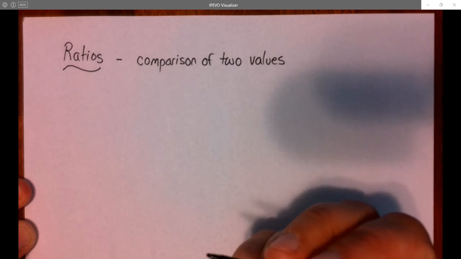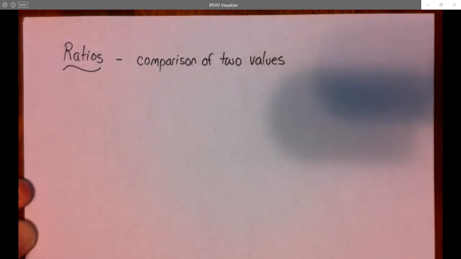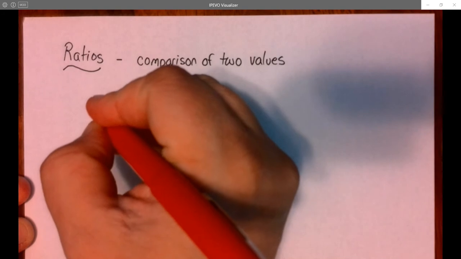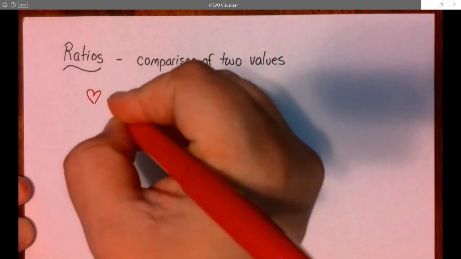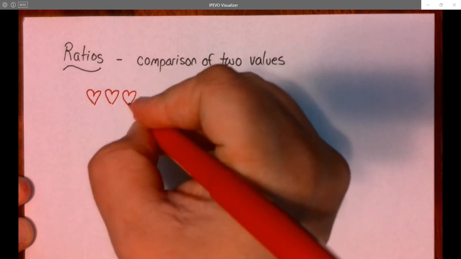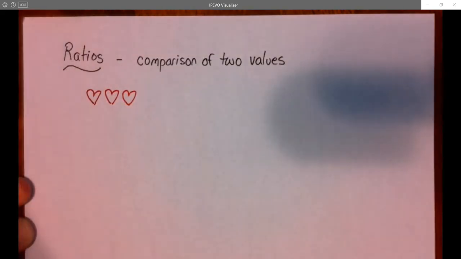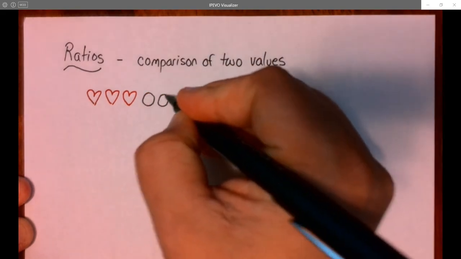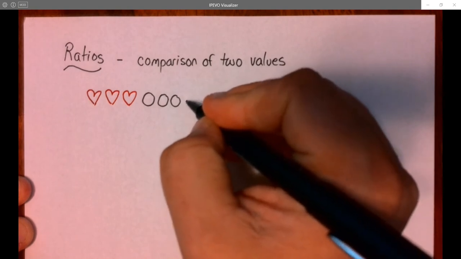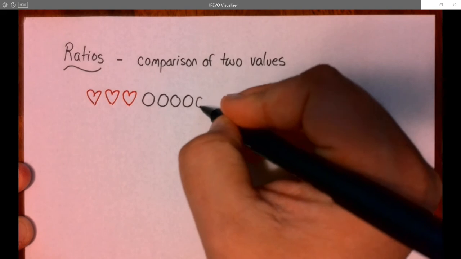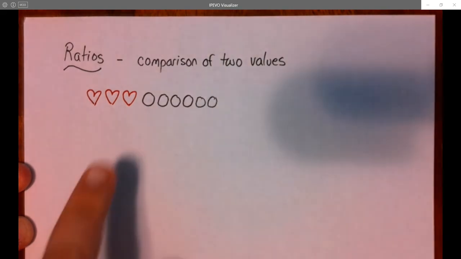So if I want to compare hearts to stars or hearts to circles, let's say I have 1, 2, 3 hearts, and I have 1, 2, 3, 4, 5, 6 circles.